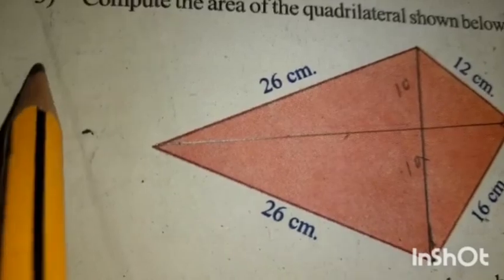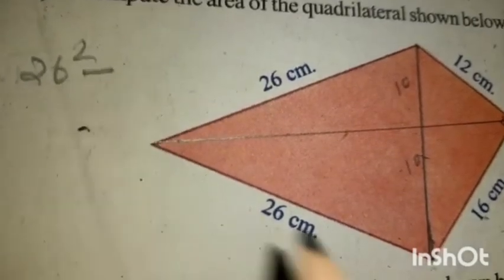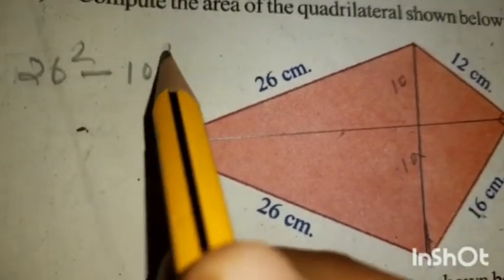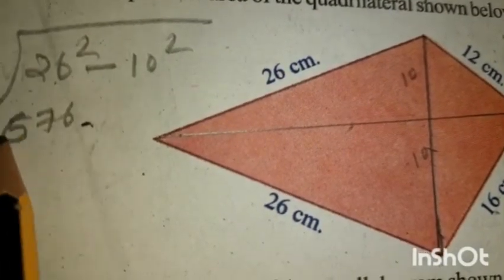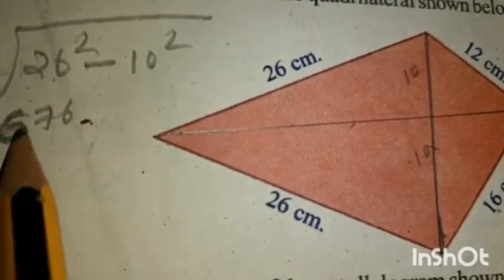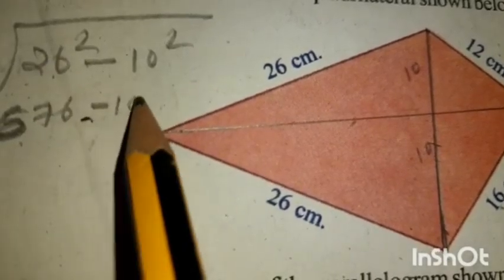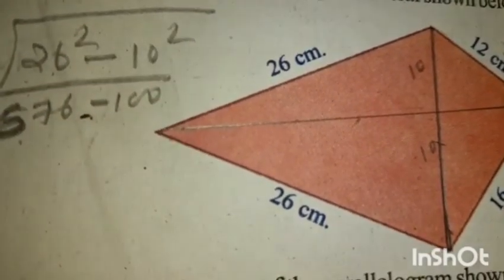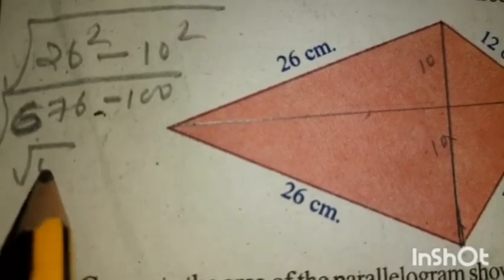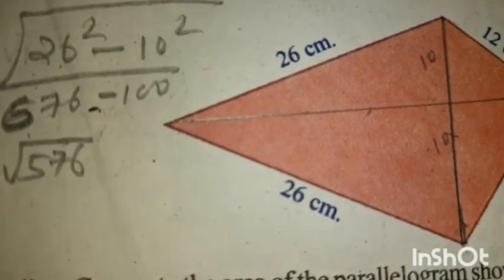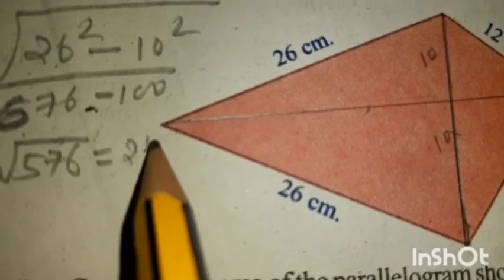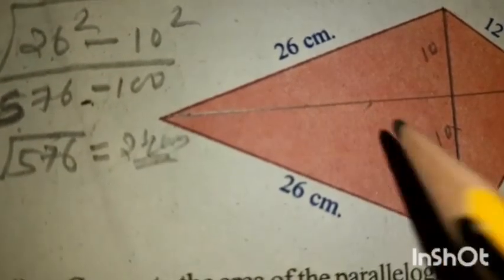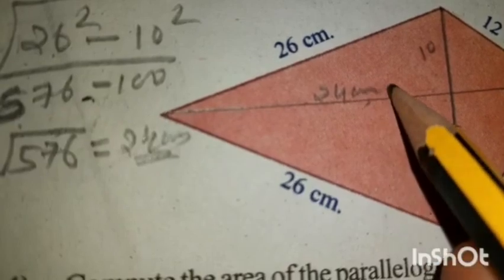So root of 26 square minus 10 square. 26 square is 676, minus 100. Then take the root. So you are getting 576. Root 576 is 24 centimeter. So this is 24 centimeter.